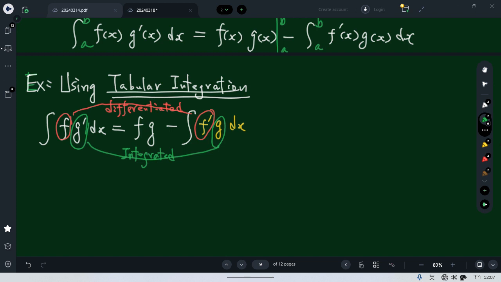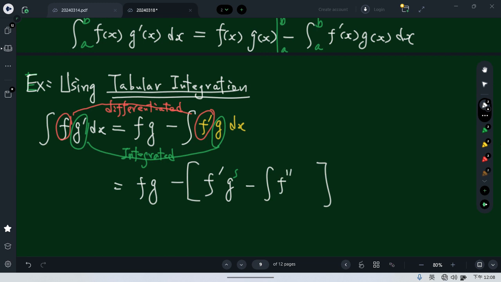So if we continue to do that, you can see that will be f times g, we continue to convert it, become f prime times g, minus integral f double prime times g, integrated. Okay, sorry, this notation is invented by myself. Newton didn't invent this notation.